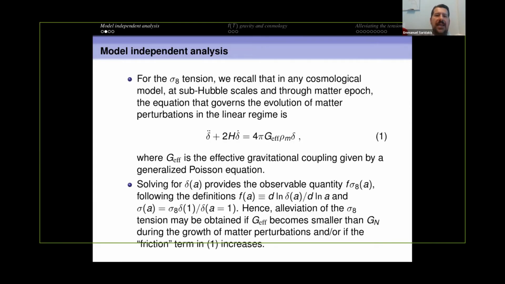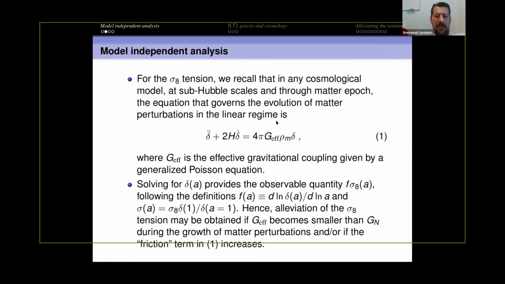For the sigma 8 tension, of course, if we look at the equation that determines the clustering of matter at sub-horizon scales and during matter domination, it usually takes that form. And here is, in general, the effective gravitational constant given by the generalized Poisson equation.